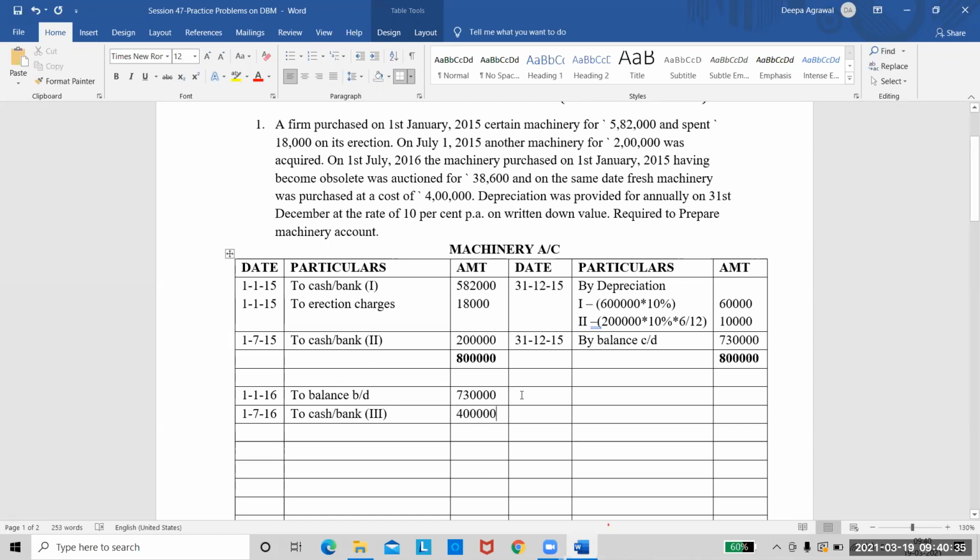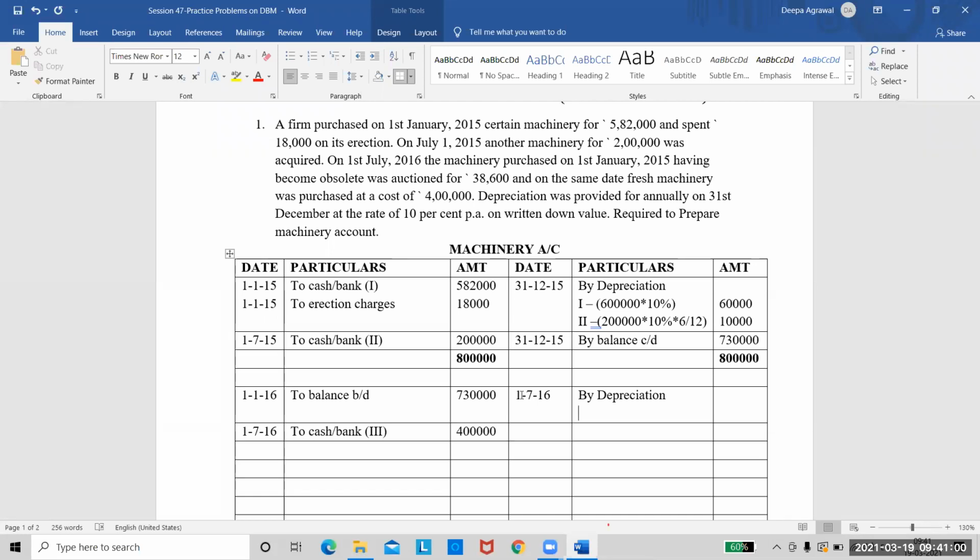Now we have to come to end of the year, not end of the year. We sold the first machinery in the month of July. So July I'll have to write the entry for sale and depreciation of first machinery. So first take the date as 1st July 2016. See which machinery am I selling out of all the 3? First one. So I'll have to write it for the first machinery.